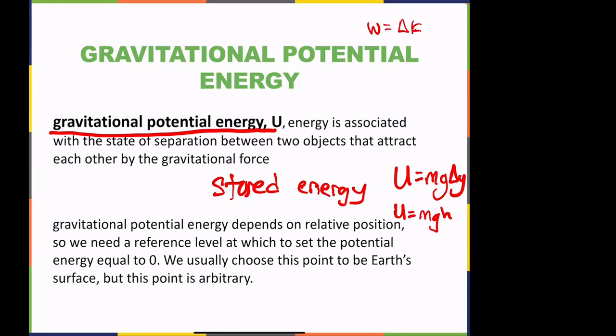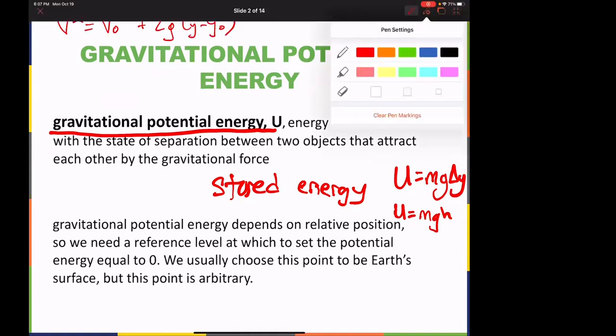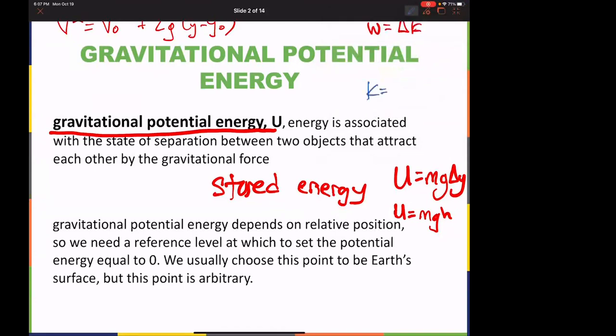And remember our equation from the kinematics, v squared equals v naught squared plus 2g times y minus y naught. Well, remember what kinetic energy is. K was 1/2 mv squared.